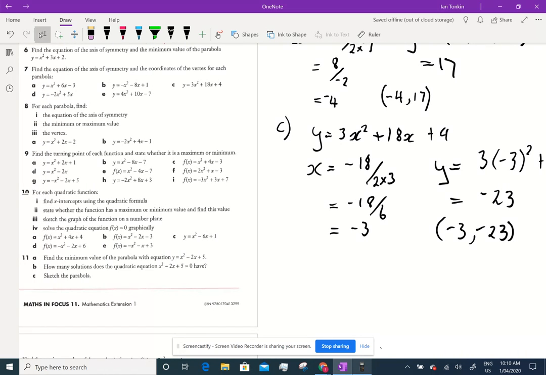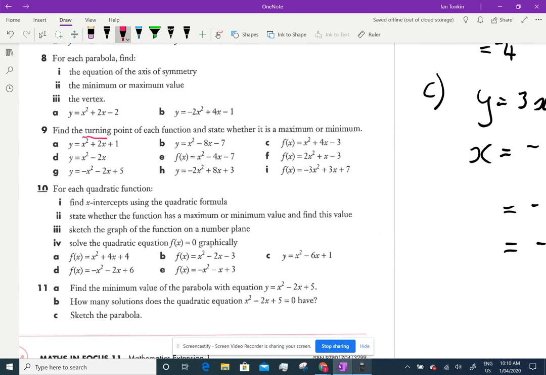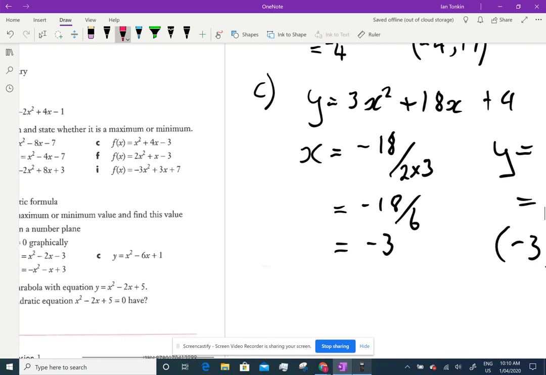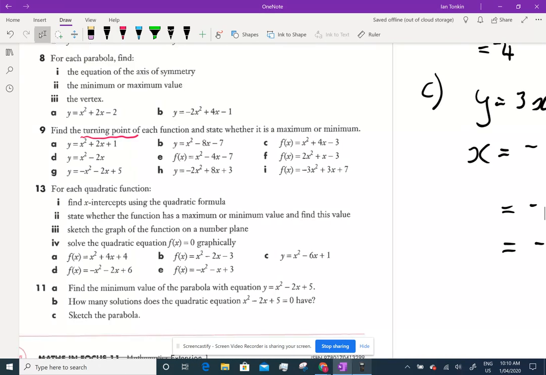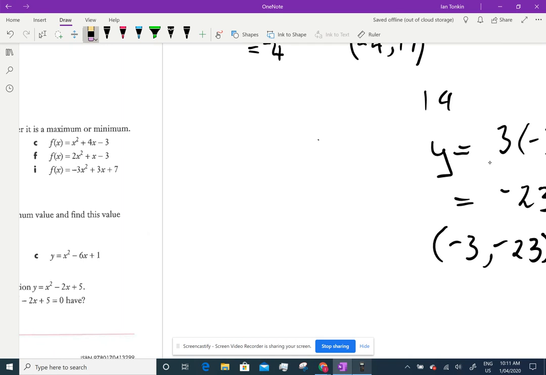The other word they use for the vertex is a thing called turning point, because that's where the curve turns around. So what you're doing here is you're finding the turning point. So I'm going to do F and I, 9F and I, so you can see how we do these. Remember, the more you do, the better you will get.